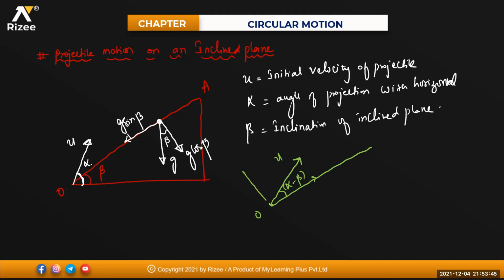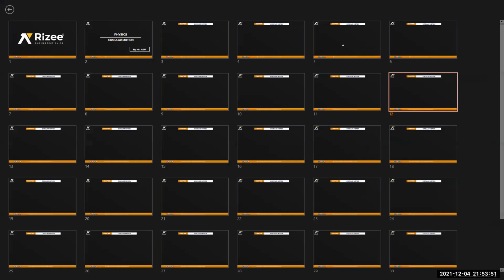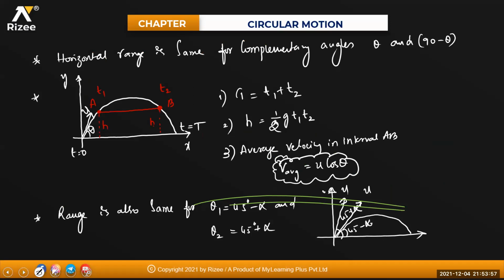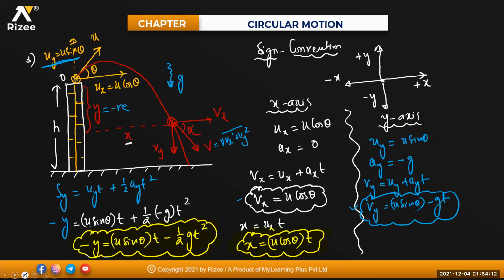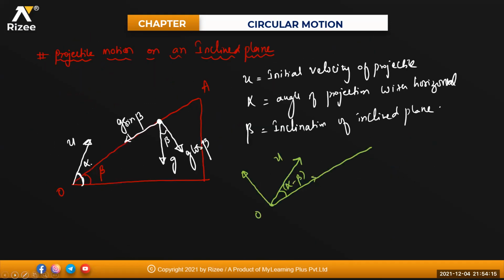If I resolve this into components, the horizontal component will be u cos(alpha minus beta), and the vertical component is u sin(alpha minus beta). Clear?